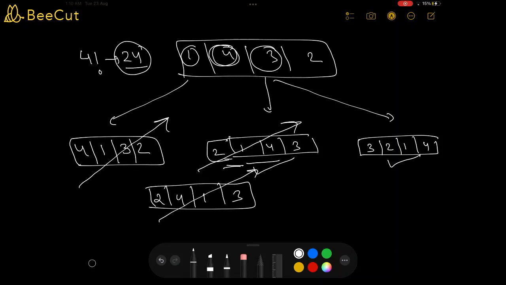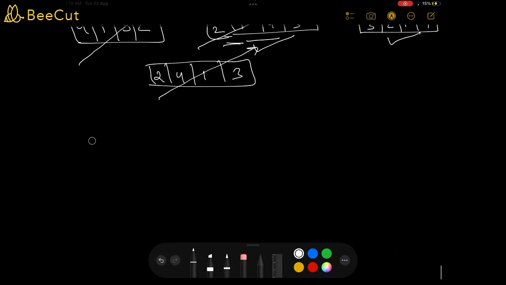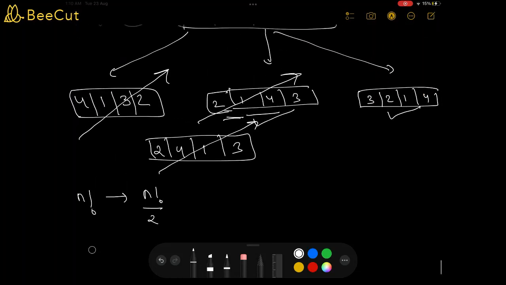So in all, what I want to mention here is, if there are n factorial permutations, then in each step you're going to cancel some permutations, and those cancelled permutations are exactly n factorial by 2 or asymptotically n factorial by 2. Why am I saying that? Because let's say you have this array, 2, 1, 4 and 3.